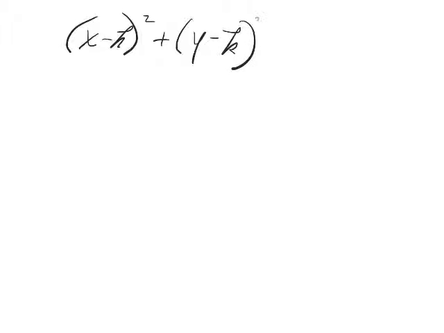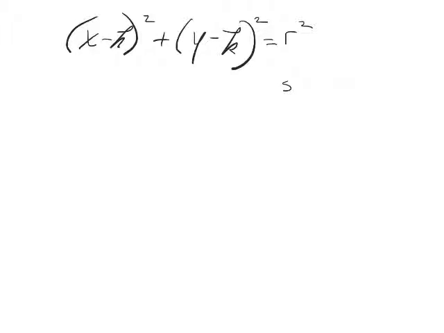So, if you look at example 10, it says find an equation of the circle having radius 5 and center 3, 7. Okay, so if we take our equation of a circle, and that being x minus h squared plus y minus k, quantity squared, equals r squared, and it tells us that the radius is 5.